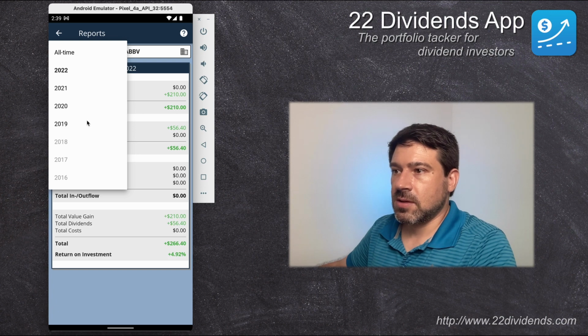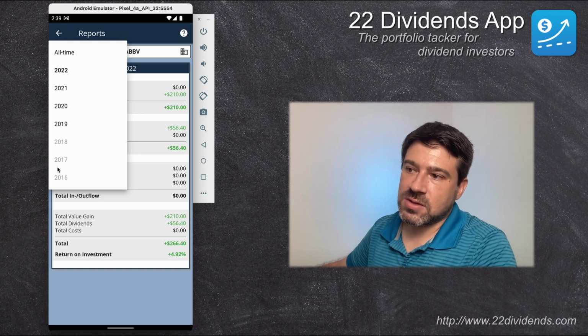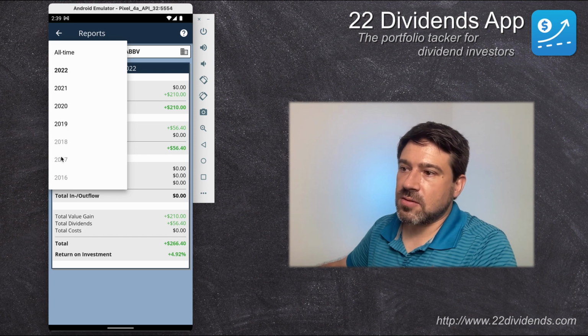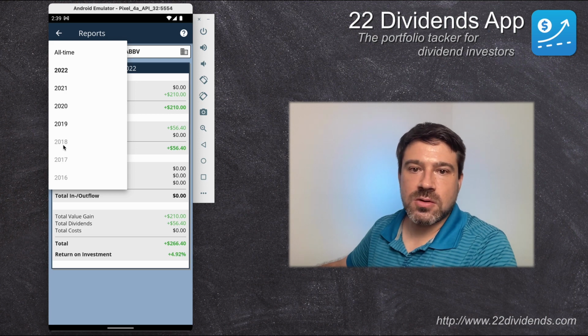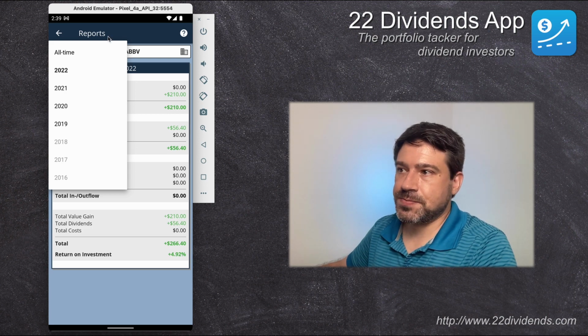And here in the stock filter you can also see that the years where we have shares of ABBV are visualized in black. The currently selected year is in bold, and the years without shares are in light gray.